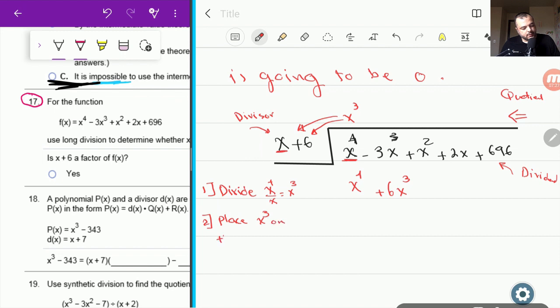Then we multiplied x to the power of 3 by the divisor.